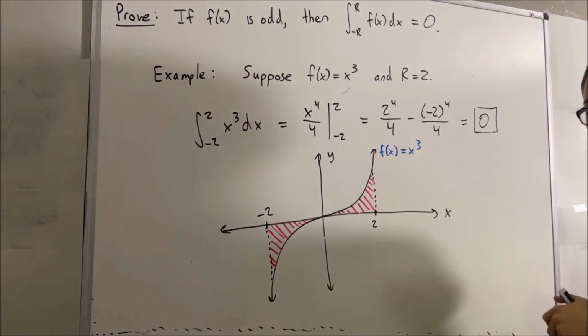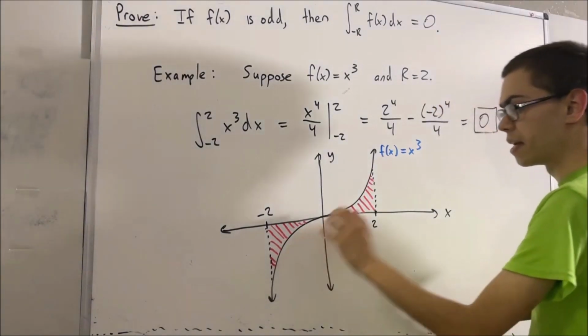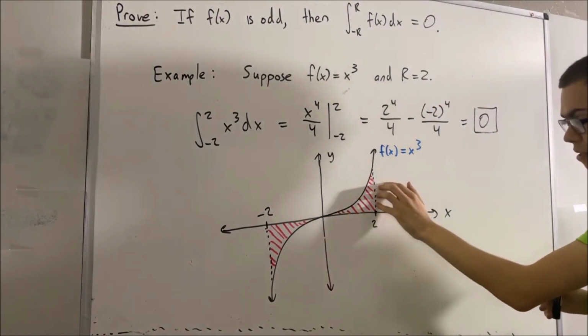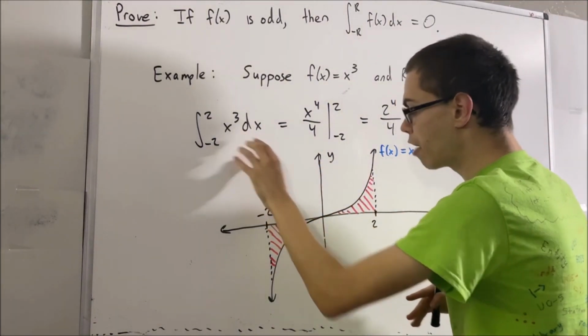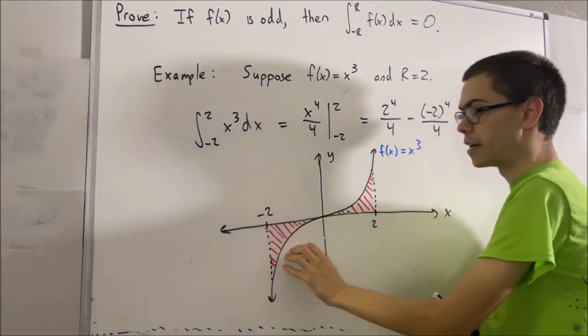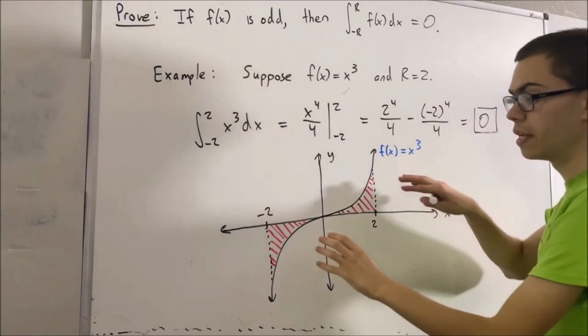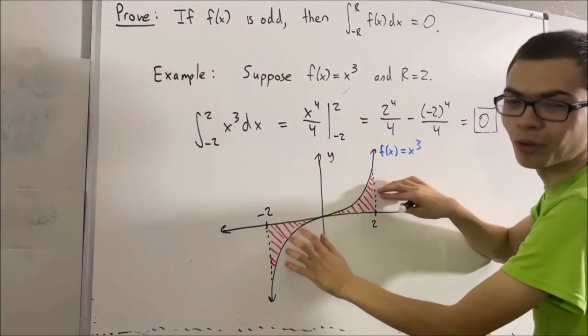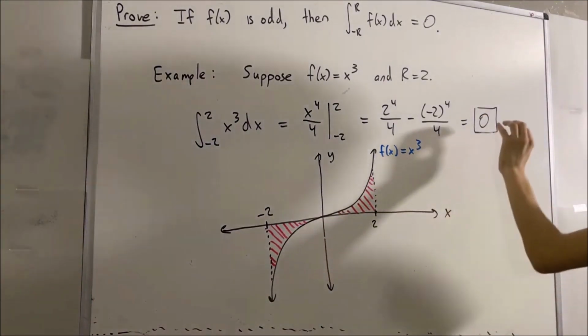And in fact, they are. The only difference is that this area is below the x-axis, this area is above the x-axis. But if you recall, when it comes to definite integrals, area below the x-axis is negative, area above the x-axis is positive. As a result, these areas cancel out. They cancel each other out so that the definite integral results in 0.